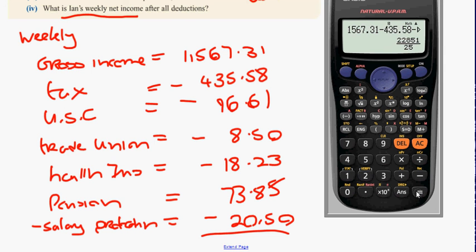And what we get here is 914.04. Now, error here.